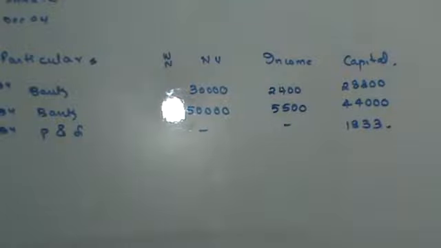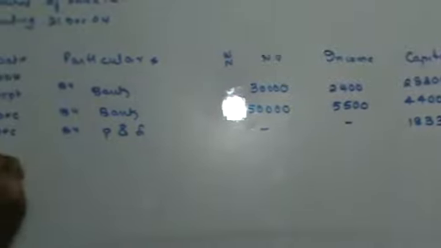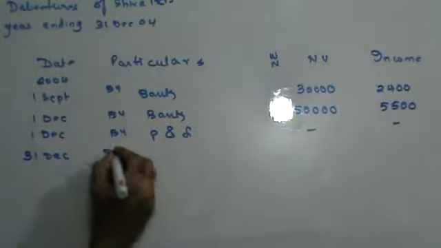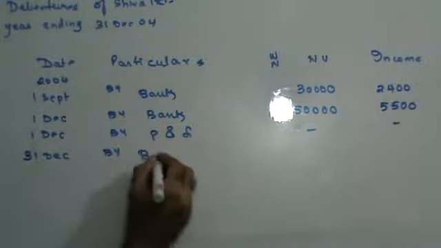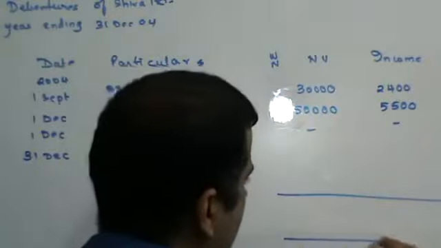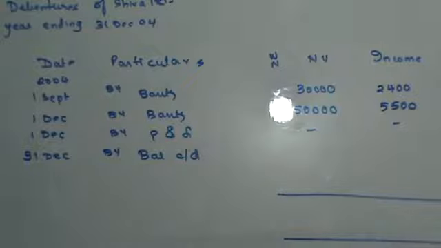Okay, now on 31st December, we have made the interest due. On 31st December, I have to receive the interest first. 31st December, by balance carried down. Now, let's see this.